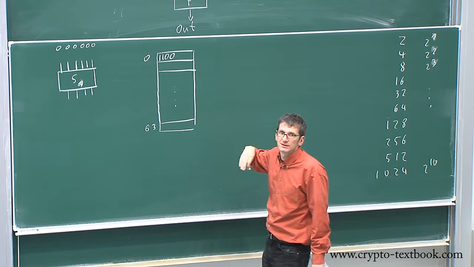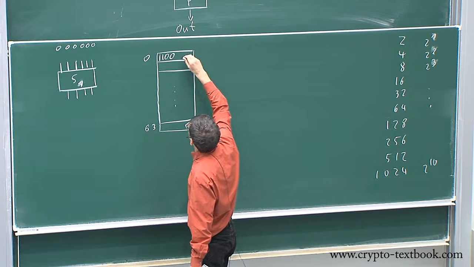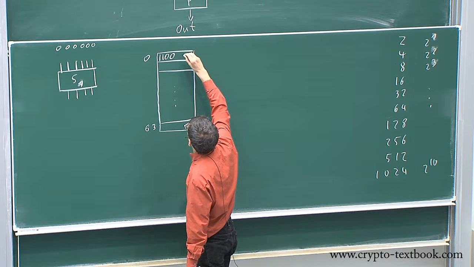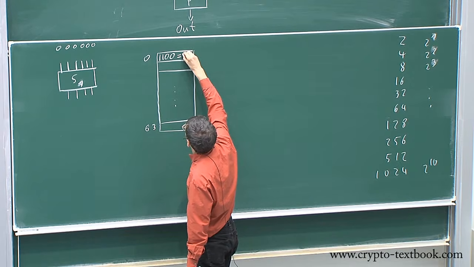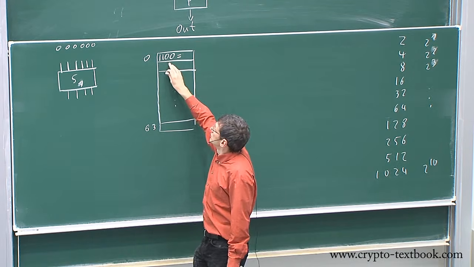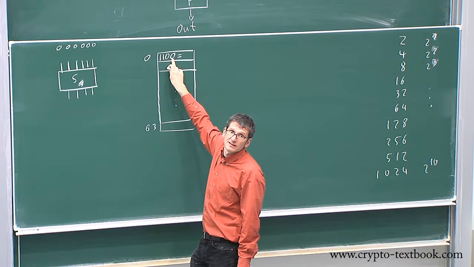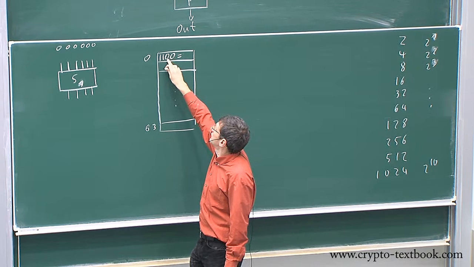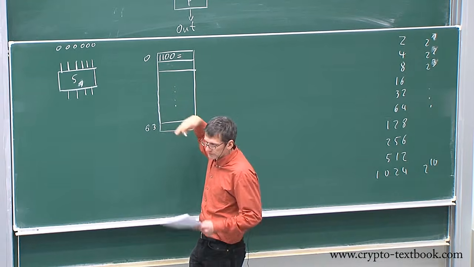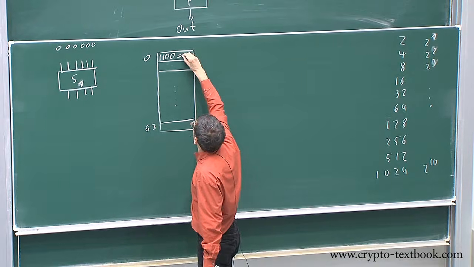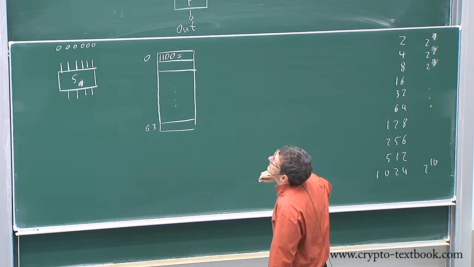This is the output, which I write here because I want to have it in decimal. Which decimal number is that? It is 1, 1, 2, 4, 8, 4 and 8 is 12, exactly. Am I right? Now this is wrong.